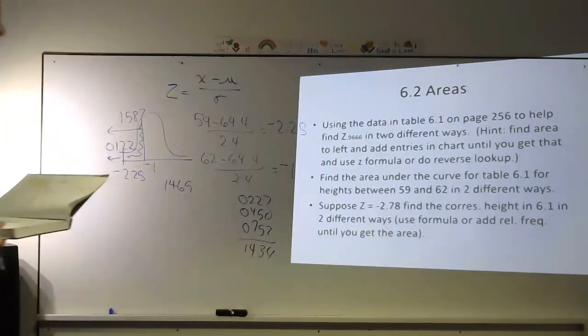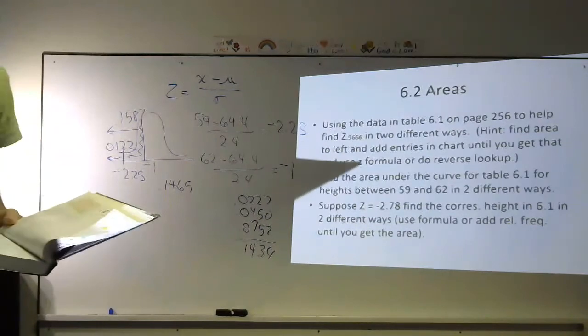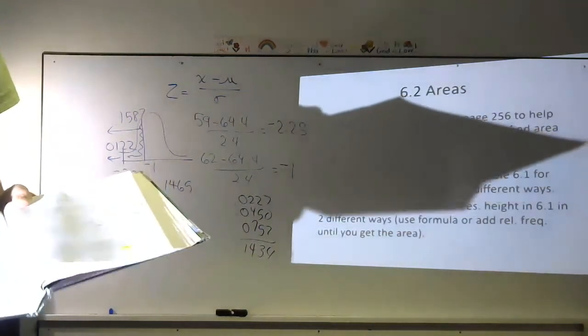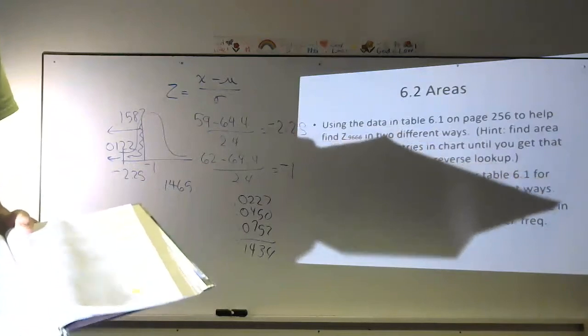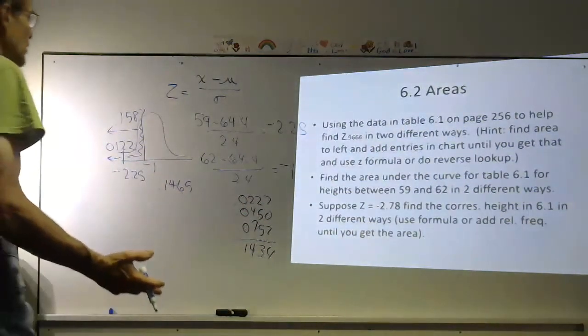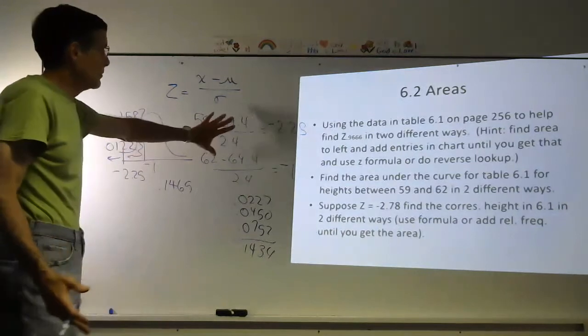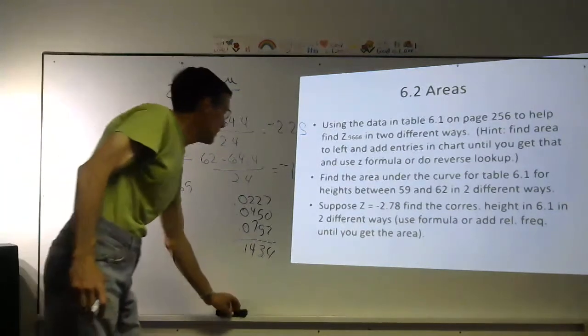Extremely close. You're only off by a couple ten-thousandths. So you could have done it from your relative frequency chart at the bottom of page 256, just adding up the percentage of girls within those two parameters, or you can use your z-values.